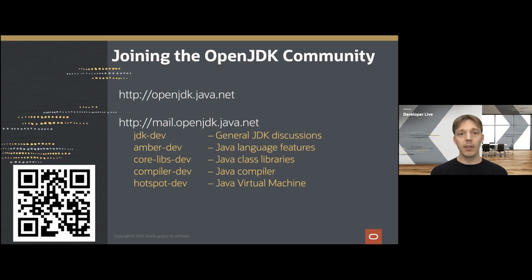Find a project or something that you think sounds interesting, and then find the mailing lists that correspond to that project. A few examples are on the slide here. Obviously, there are a lot more mailing lists on the server, so please go there and have a look. If you're interested in development of some area, those mailing lists that end with -dev are the ones that you are probably most interested in.